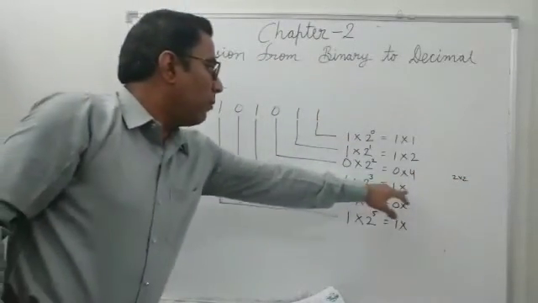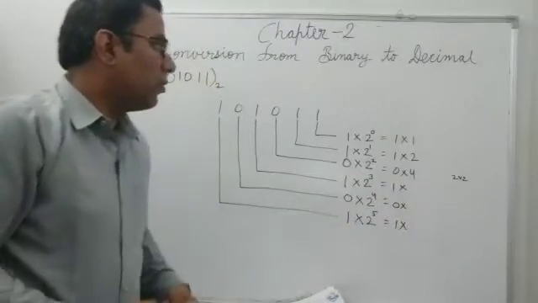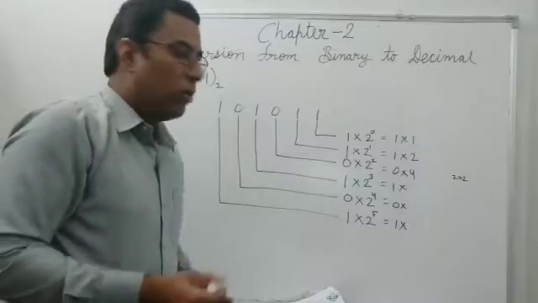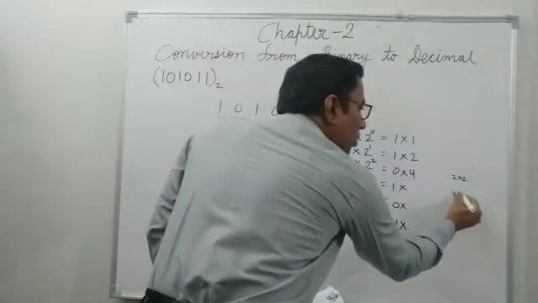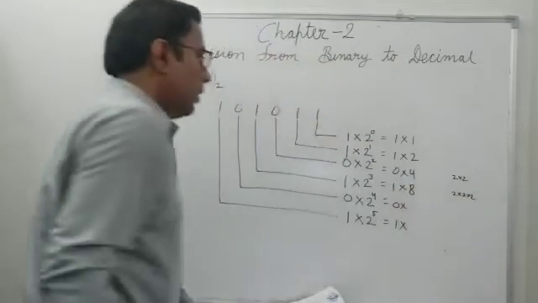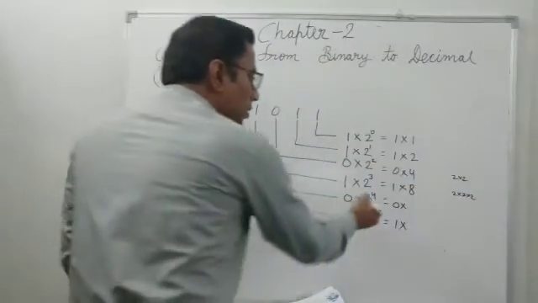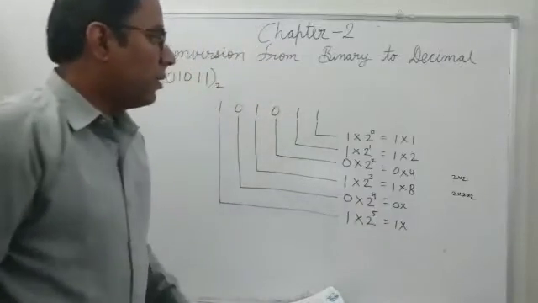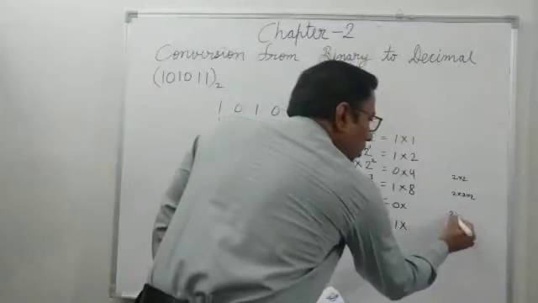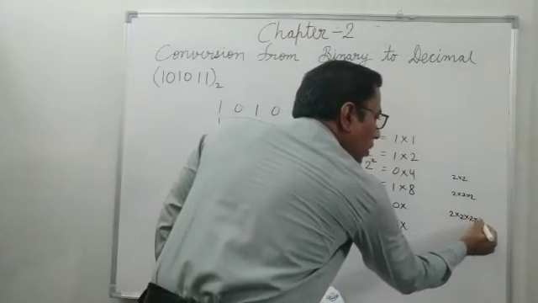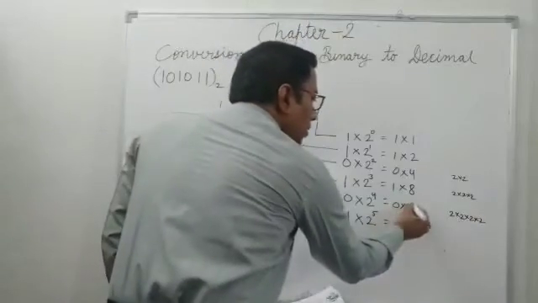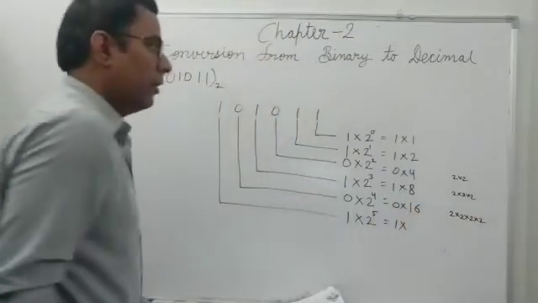Here 1 multiplied by 2 raised to the power 3. 2 raised to the power 3 means 2 into 2 into 2, three times 2: 2, 4, 8. Then 0, and 2 raised to the power 4 means 2 into 2 into 2 into 2, four times 2: 2, 4, 8, 16. So here you write 16.